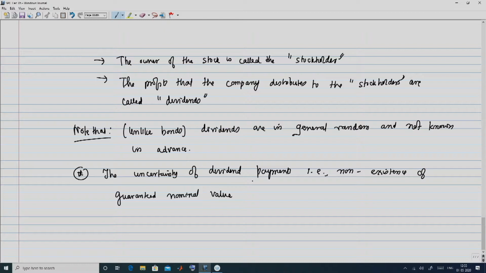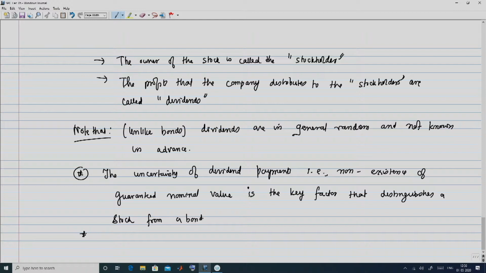Remember that in case of bonds we had guaranteed nominal value, but it does not exist in case of stocks, and accordingly this is the key factor that distinguishes a stock from a bond.